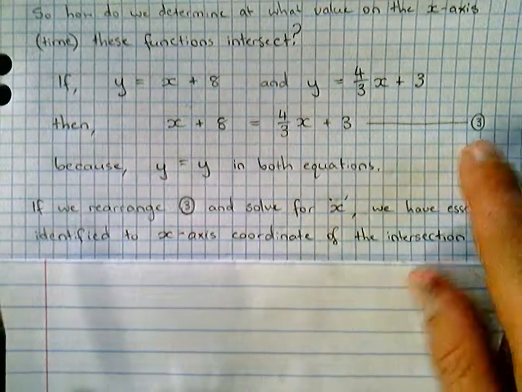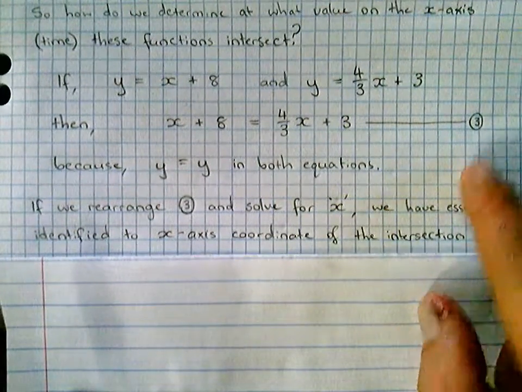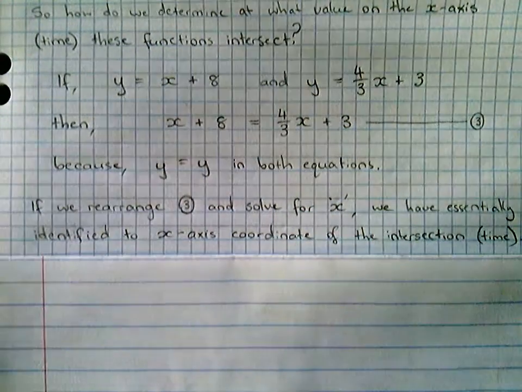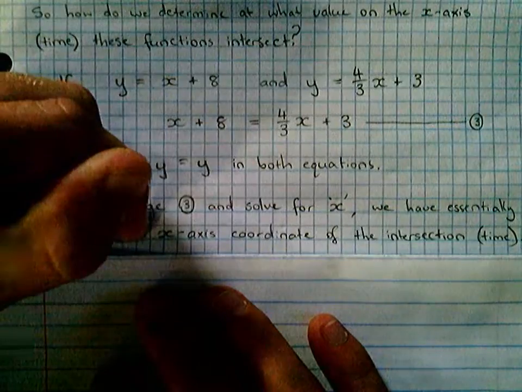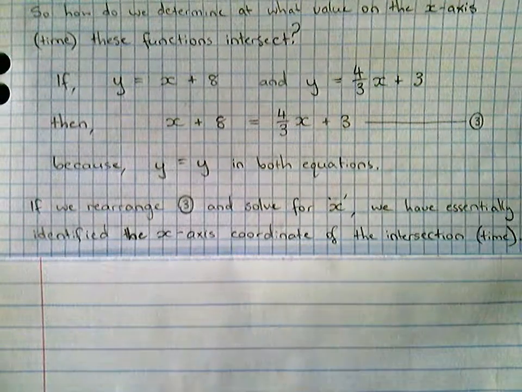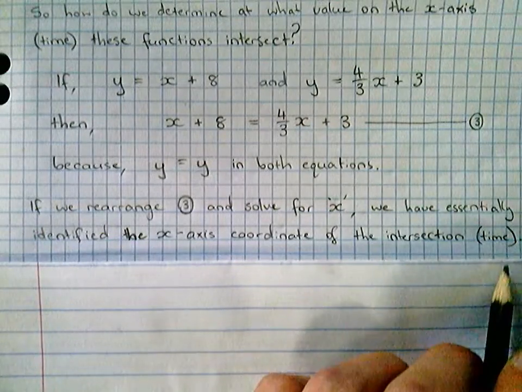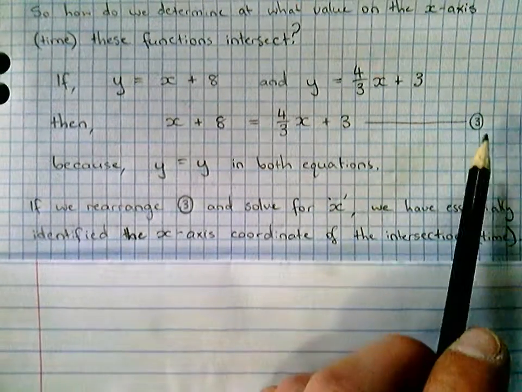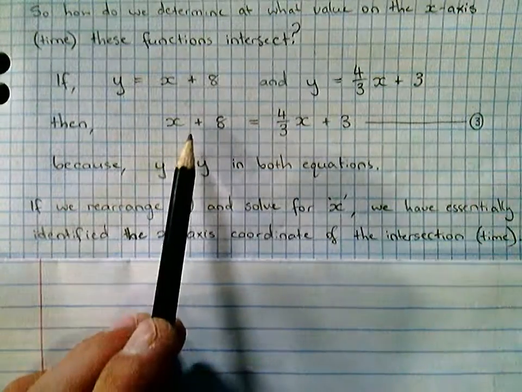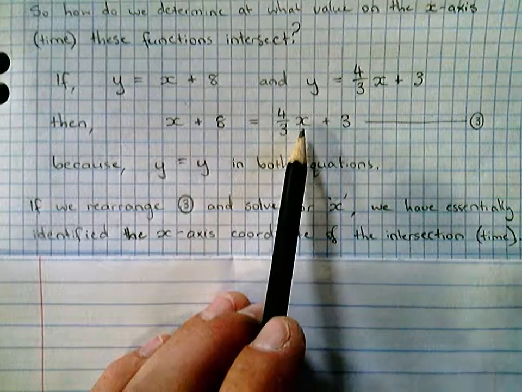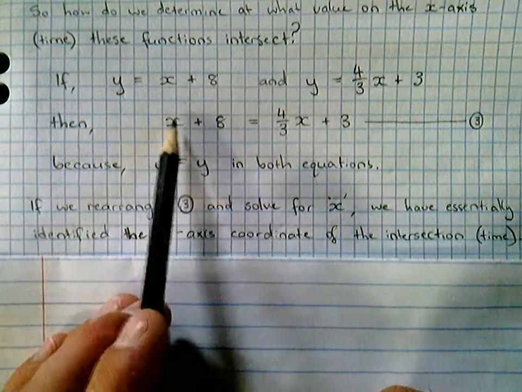If we rearrange this equation 3 and solve for x, we have essentially identified the x-axis coordinate of the intersection, being the time in years. So what we're going to do to equation 3, if you look at it, the only unknown we have is x, and you might think, oh well, I can't solve that because I've got two unknowns.